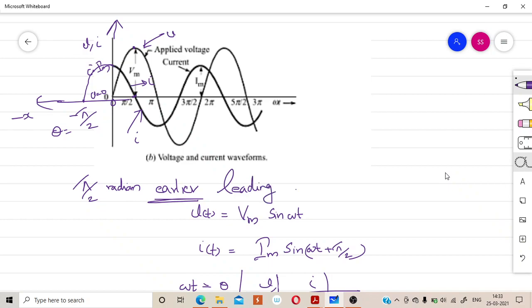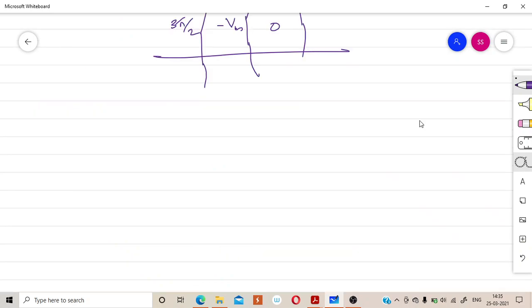Okay, so you can conclude that in a pure capacitive circuit, the current through the capacitor leads the applied voltage by pi by 2 radian or 90 degrees. We have taken the voltage phasor as our reference.